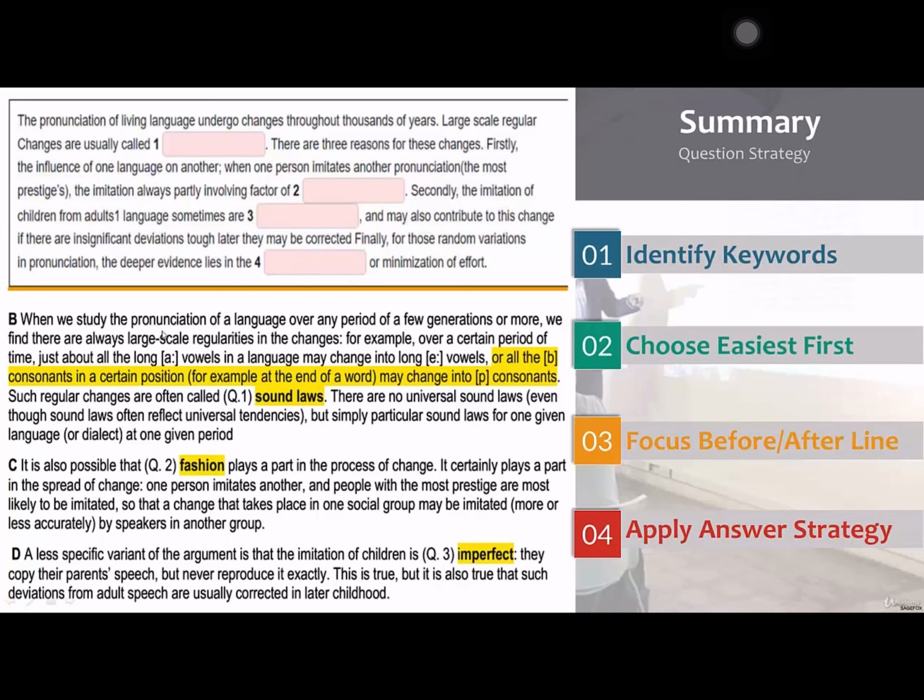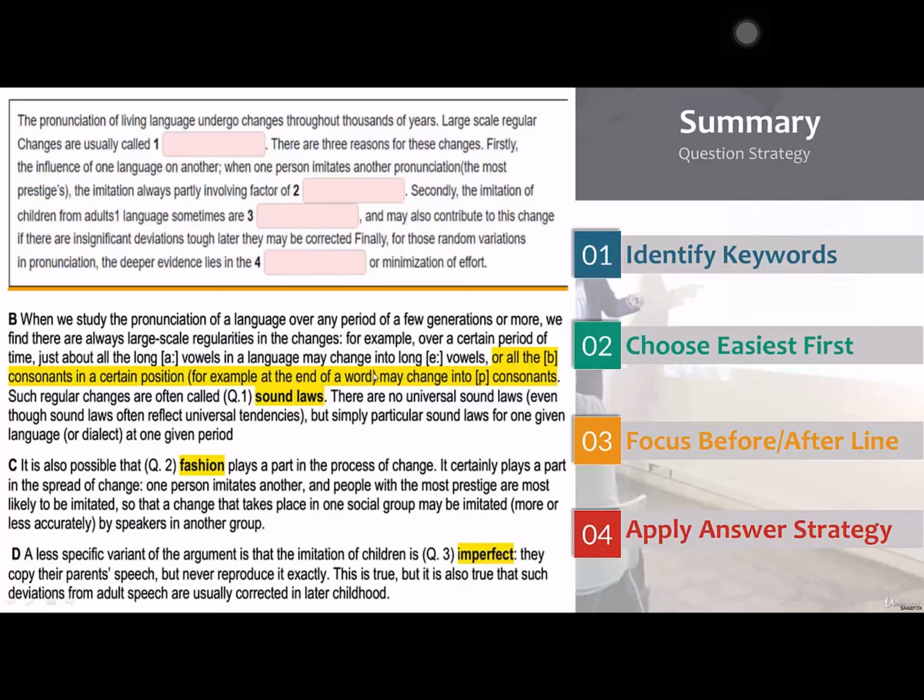Okay? We find there are always large-scale regularities, right? And so there we see the language of large-scale right there. Large-scale regular changes, right? Find there are always large-scale regularities in the changes. That's that language. Then we have a colon. For example, over a certain period of time, just about all the long vowels in a language may change into long E vowels.